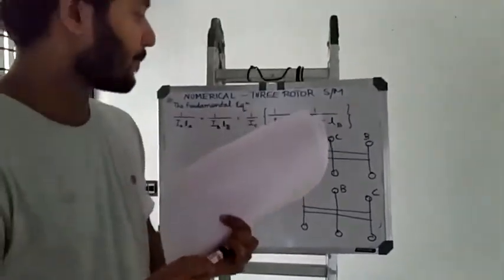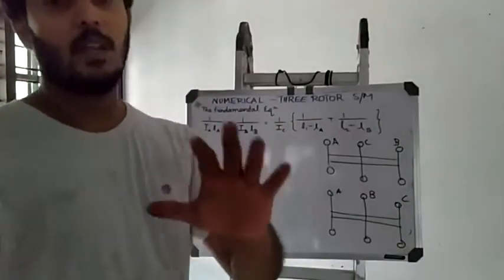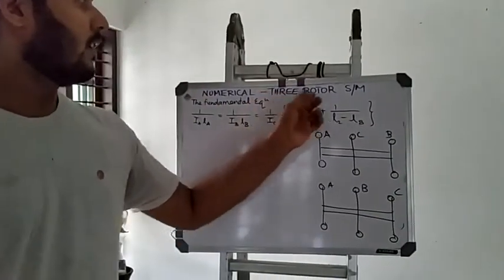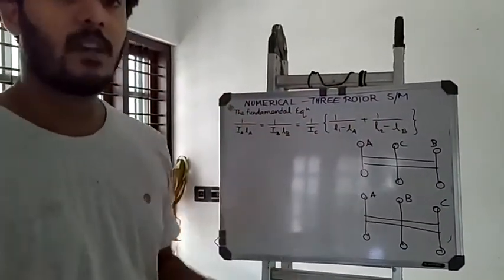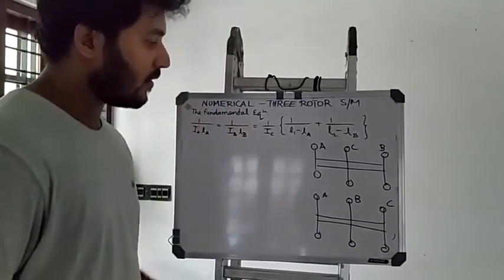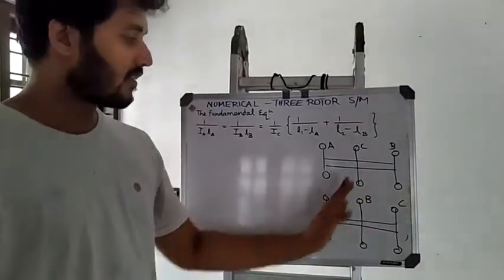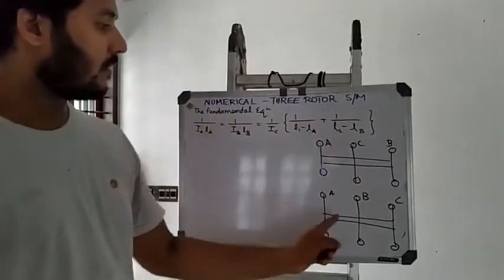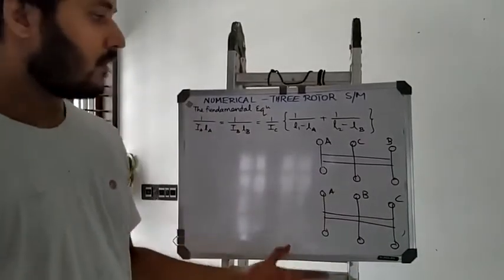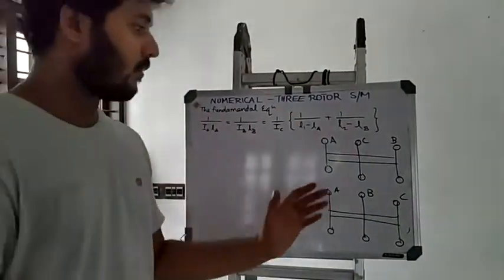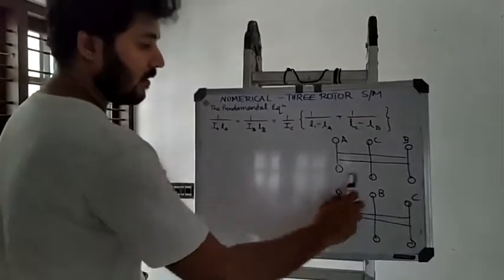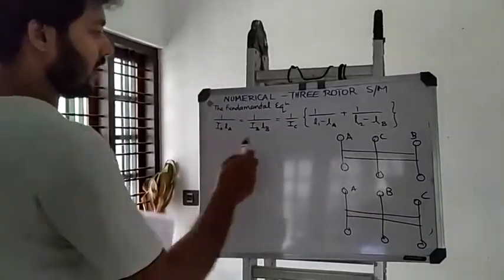There is no mandate that the question will always come in the same manner. This is the fundamental part that we discussed in the video related to the three rotor system, but the question may come in many different ways. So if you have modeled it with A and C at the extremes and B in the middle, you should be able to rewrite this fundamental equation for the new scenario. You should be well versed in writing that equation according to any manipulations made in this kind of fundamental system. So for this system, how can we modify this equation?